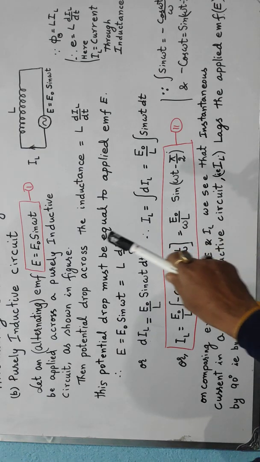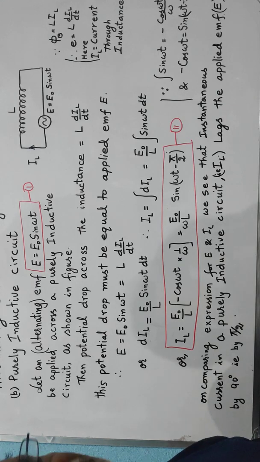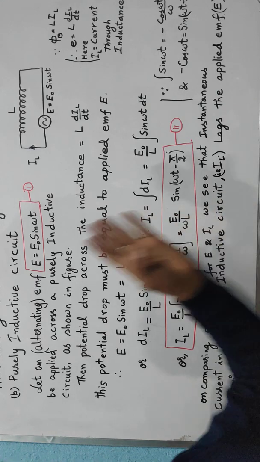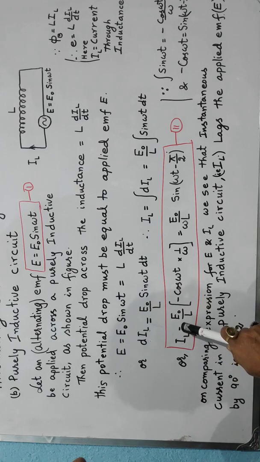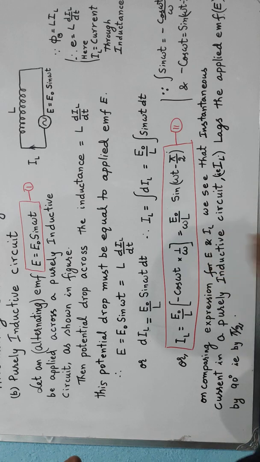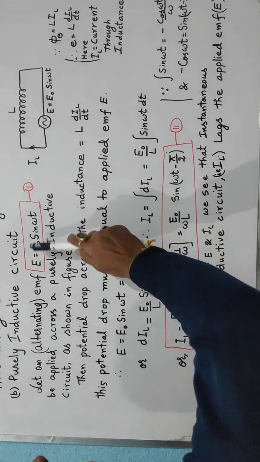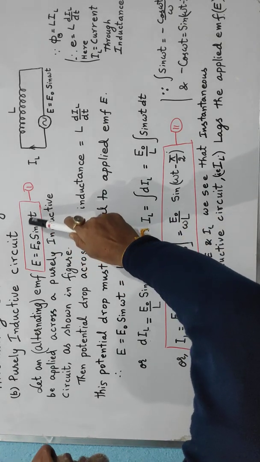Now if we compare equation 1, the expression for instantaneous applied EMF across the inductive coil, and the IL, that is instantaneous current flowing through the inductive coil due to this EMF applied across it, what we see that the phase of applied EMF is omega t.